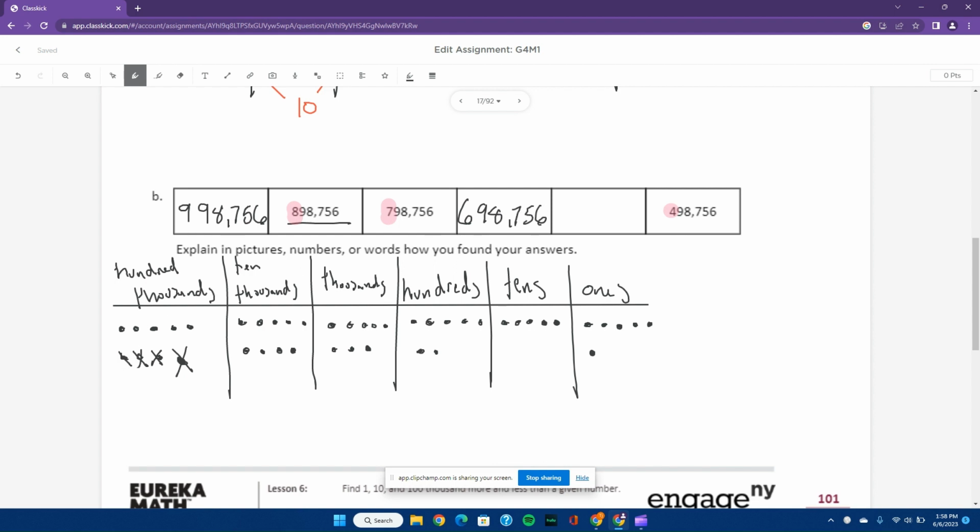Take one away, and I have 598,756. And then again, just continuing with the pattern. Now this place value chart actually shows this number. So what was happening was we were removing 100,000 as we moved down each box.